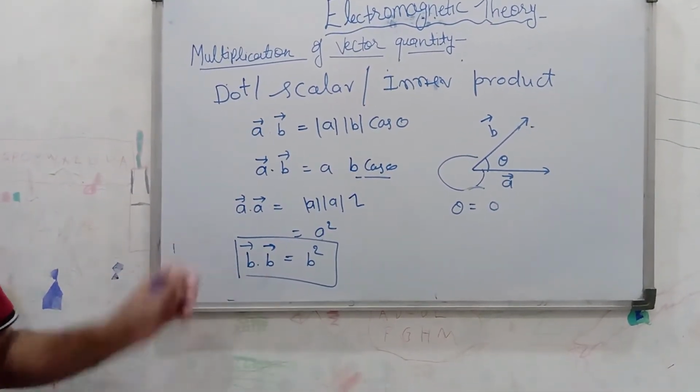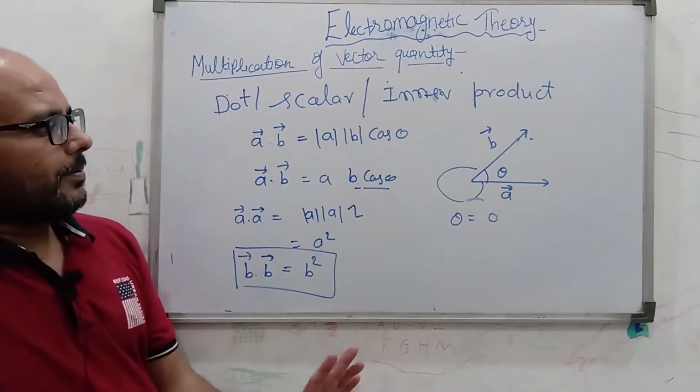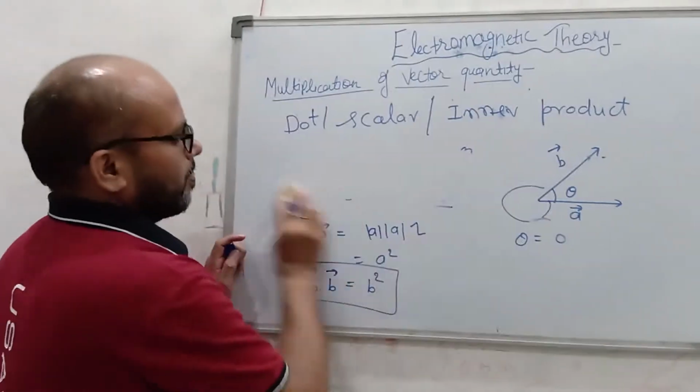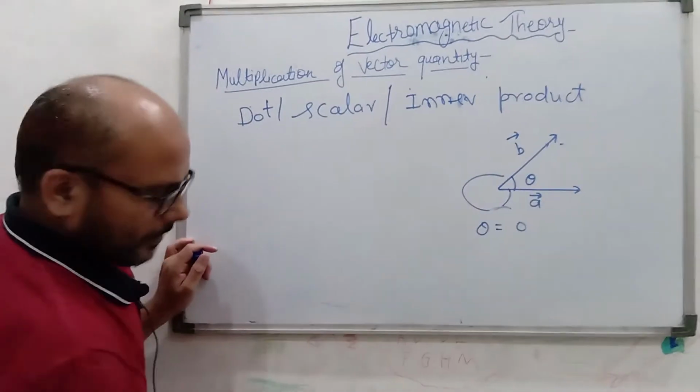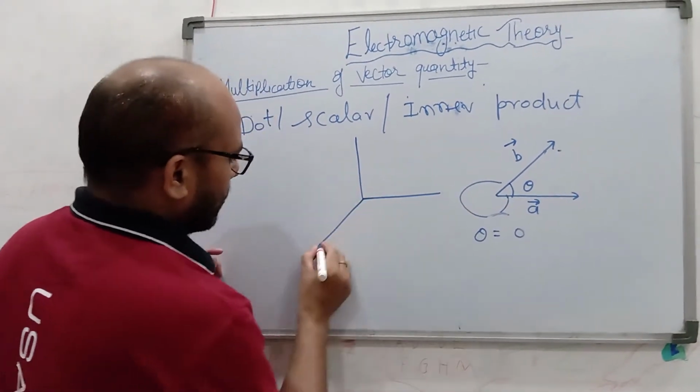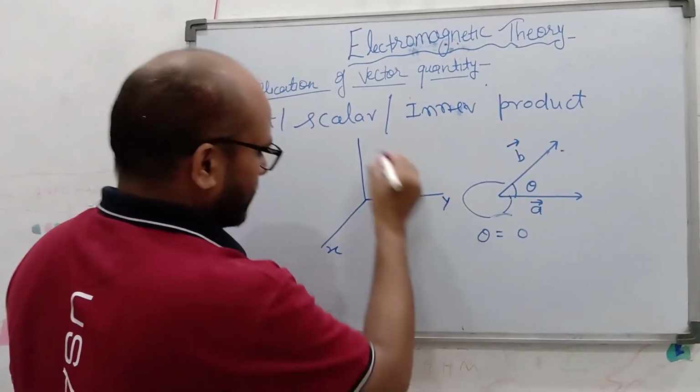Right? Suppose i vector, j vector and k vector. To draw the diagram, x-axis, y-axis and z-axis.